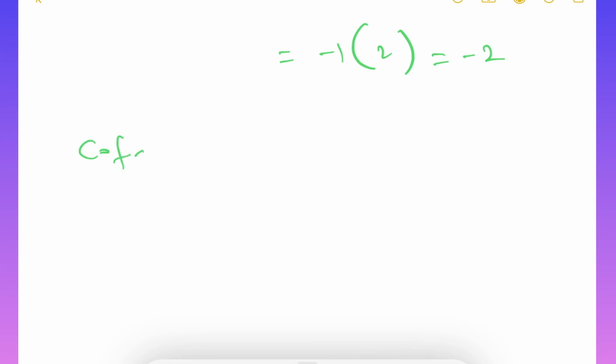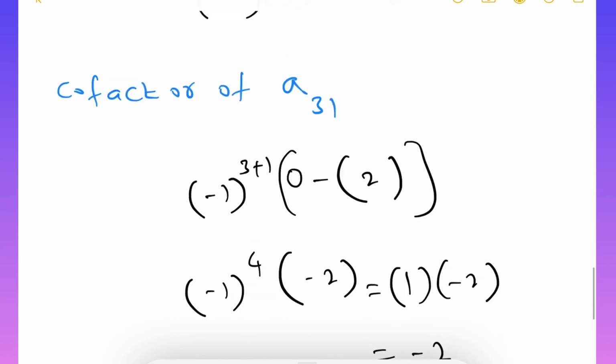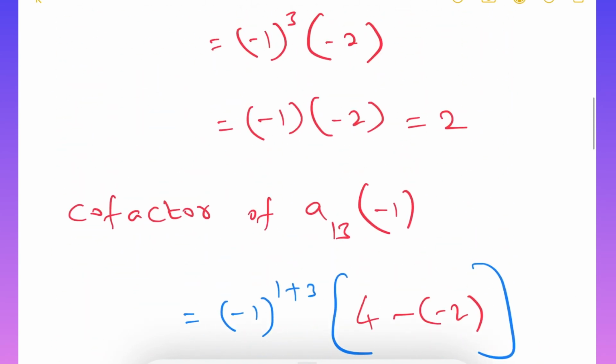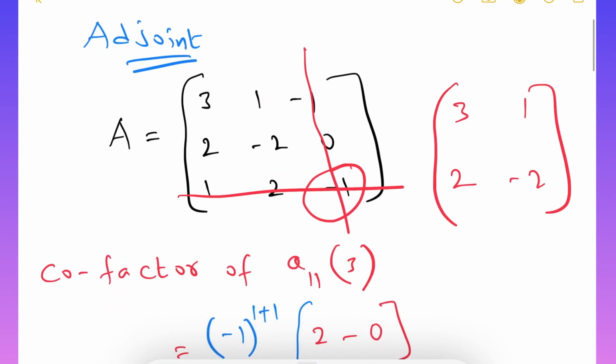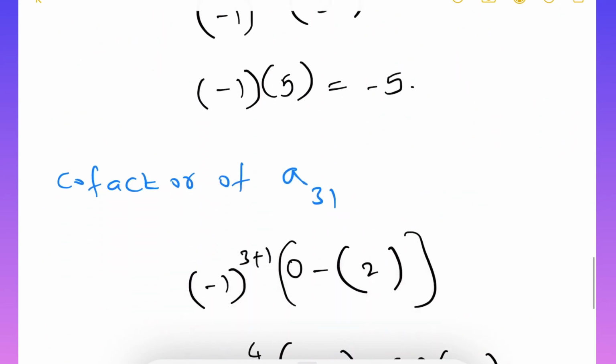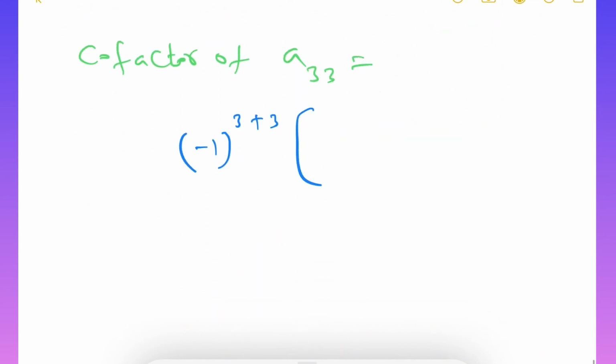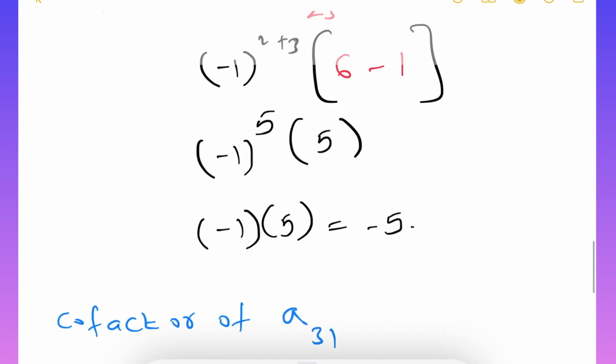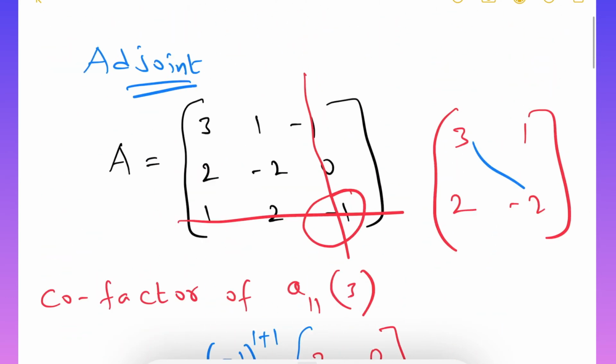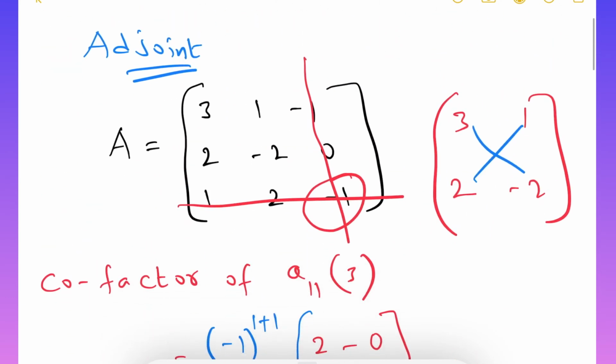Cofactor of A third row third column is equal to minus 1 whole power third column plus third row into the determinant value. What is the determinant value we got here? Let's check once. 3 into minus 2, minus 6, minus 2 into 1, 2.